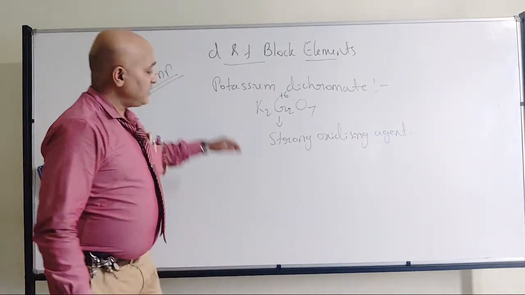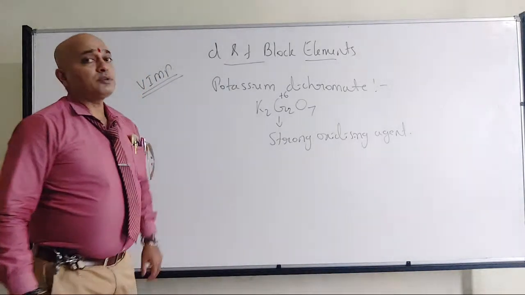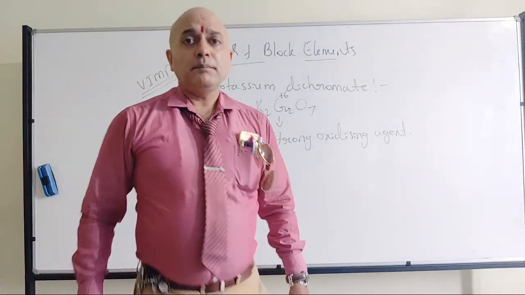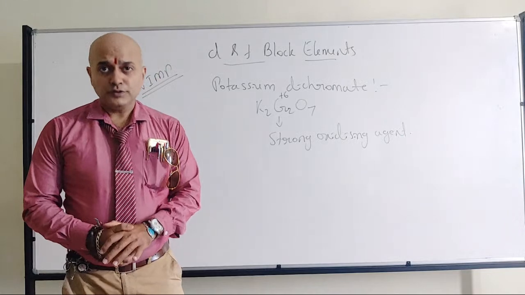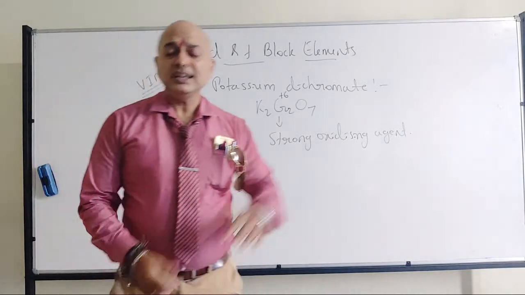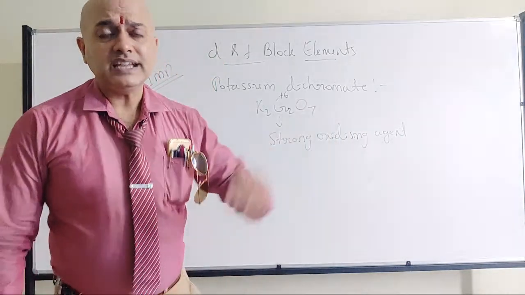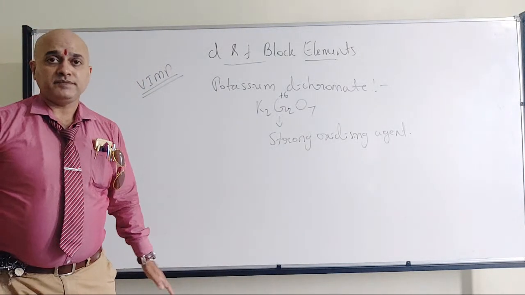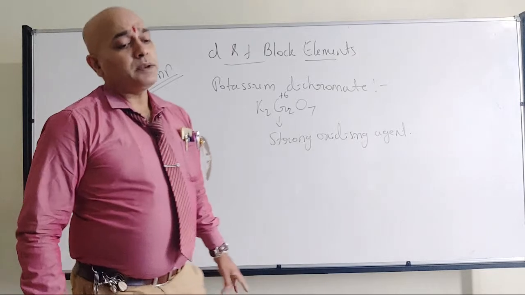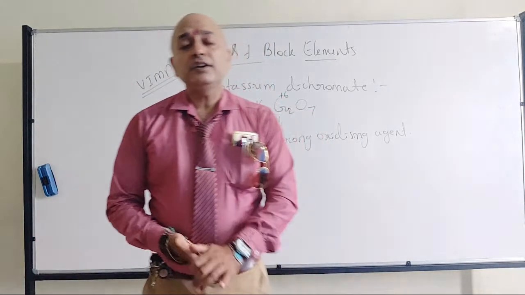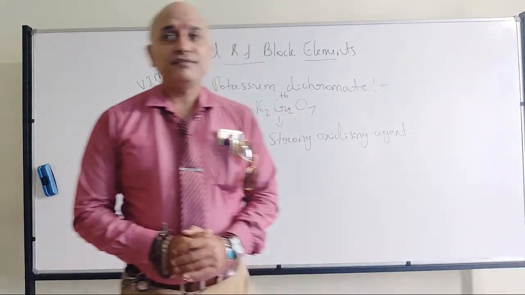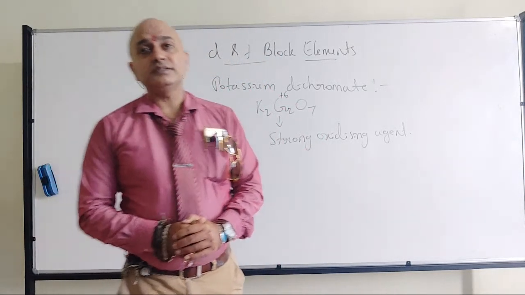That's where we have the application of potassium dichromate. Due to its utilization in many reactions as a catalyst and as an oxidizing agent, it is prepared commercially. Anyway, preparation of potassium dichromate we are going to have in the next class, that is tomorrow. Fine. Any doubts?